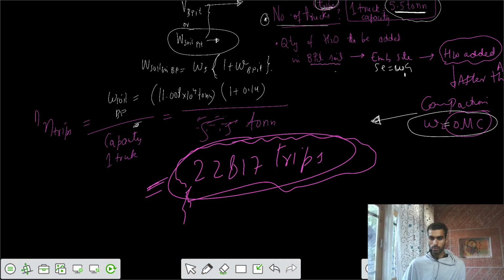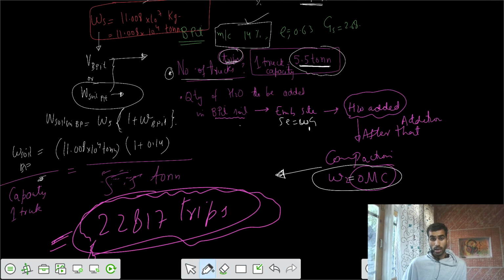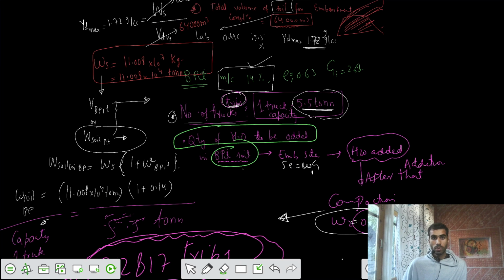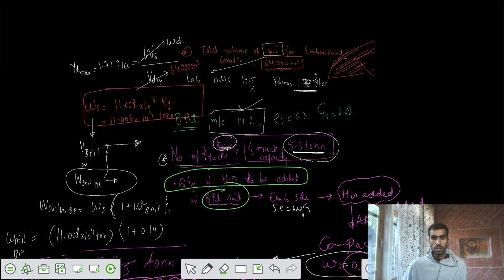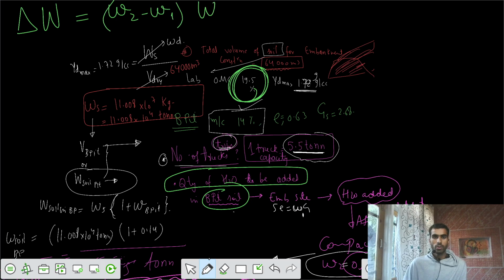Now, the second part of the problem is that we need to calculate the quantity of water to be added to the borrow pit soil such that the final moisture content is 19.5%. So what is the water to be added? Delta water to be added is the water content 2 minus water content 1, times the weight of the solids.